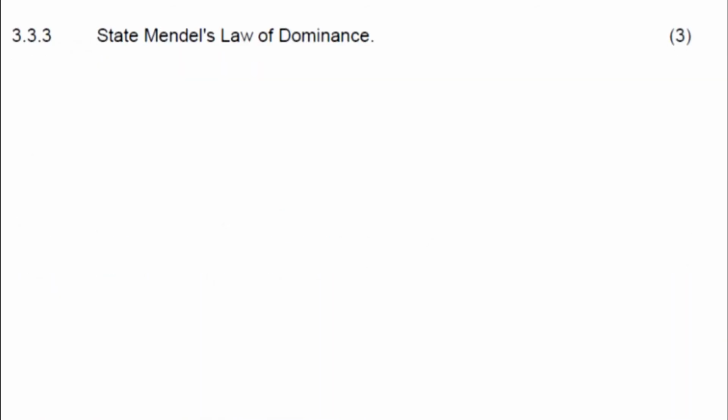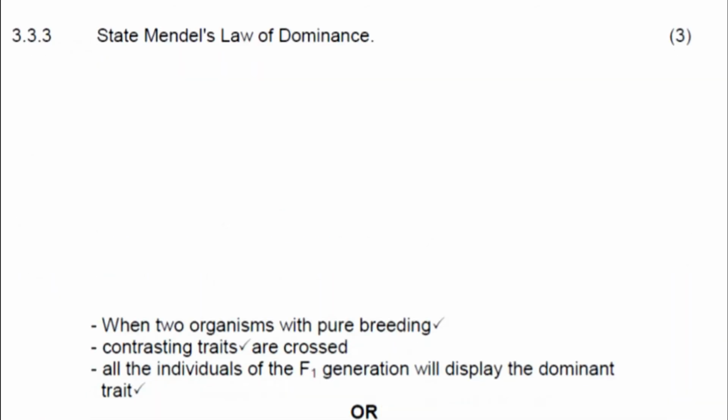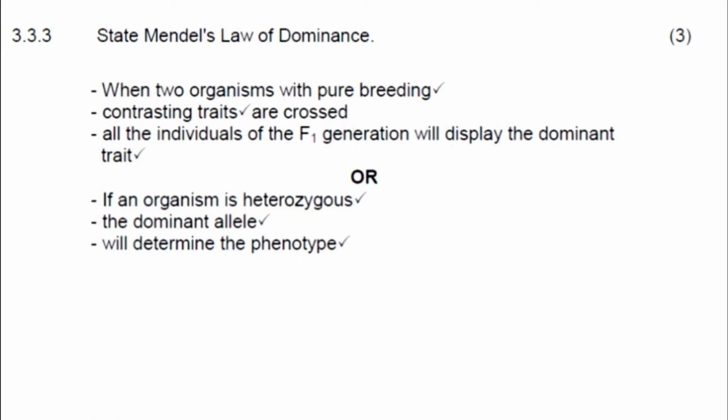Then our last question is, state Mendel's law of dominance. Now, if you look at the memo, you'll see that there are two options, okay? In the first option, they're talking about organisms that are pure breeding, which means these organisms are homozygous.